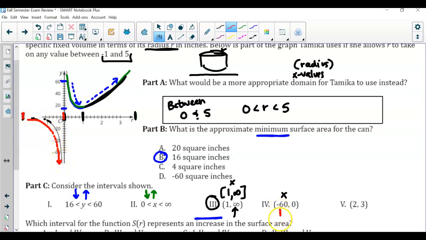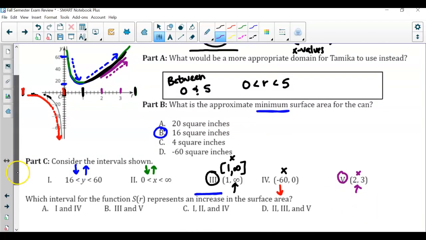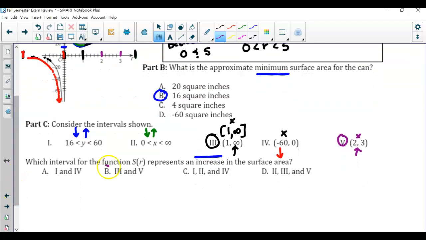So this is strictly an interval that is decreasing. Then the last, over the x values interval from 2 to 3, notice how we're talking about this portion of the graph, which is also increasing. So here, the intervals of 3 and 5 are increasing. That's why the answer was B.